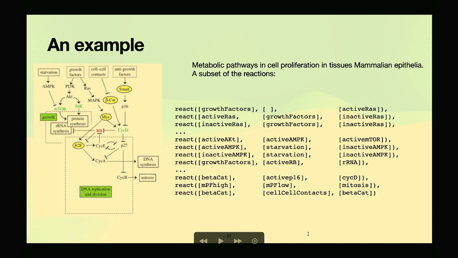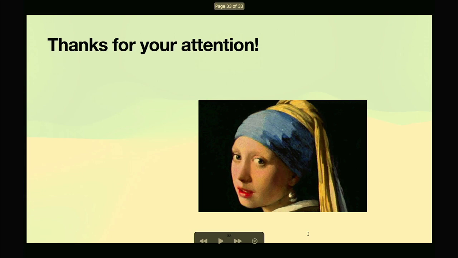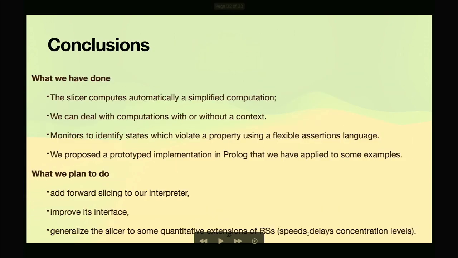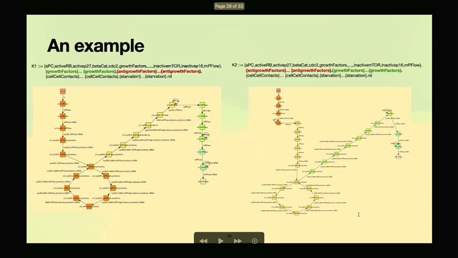And using the structural operational semantics, we improve by introducing speed and delay and concentration levels, but of course in an abstract way. For real examples, you need more. What is the current number of reactions? Yes, for this example, we found this example.